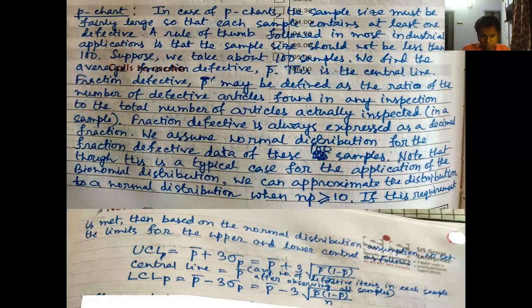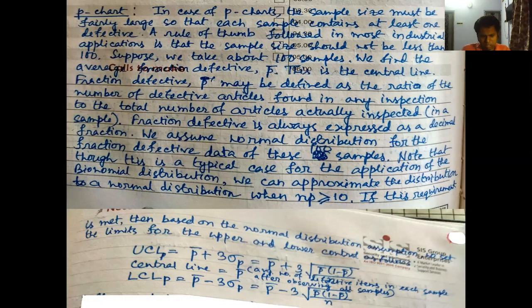Within the plus minus 3 sigma level, the cause of variation is just natural process variation. There is no assignable cause behind it.